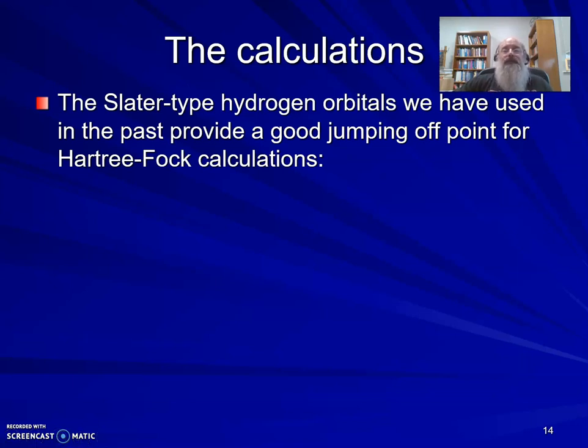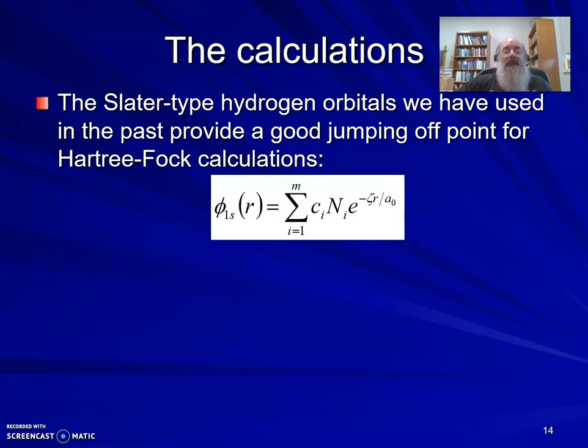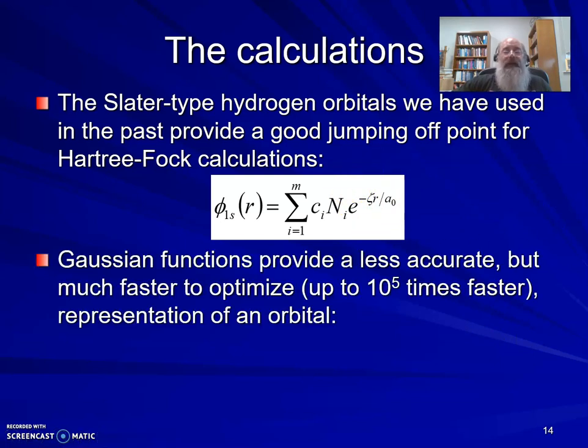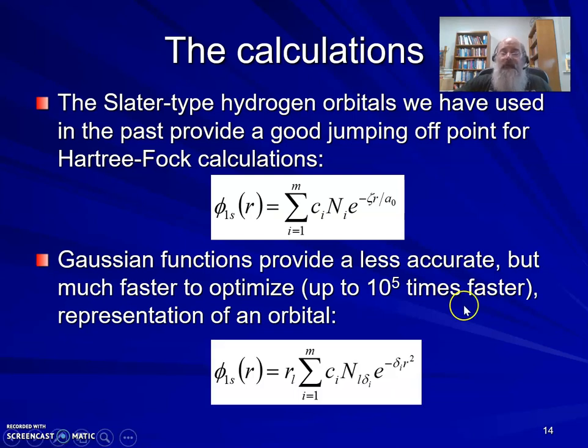Slater type hydrogen orbitals that we've used in the past provide a good starting point for these calculations. And so those have a form that looks like this. But Gaussian functions, main difference is that the exponent depends on r squared rather than r. Gaussian functions cost you a couple percent in accuracy, so you would think, well, maybe I don't want to use those.